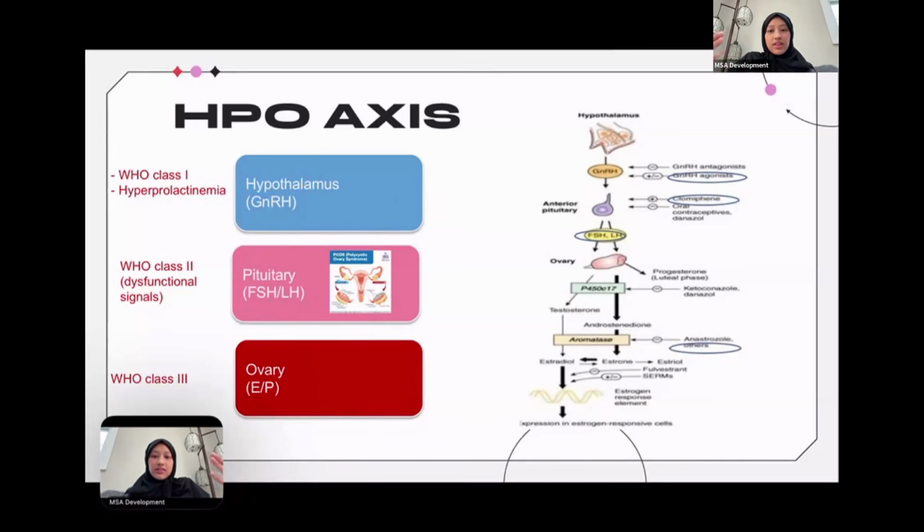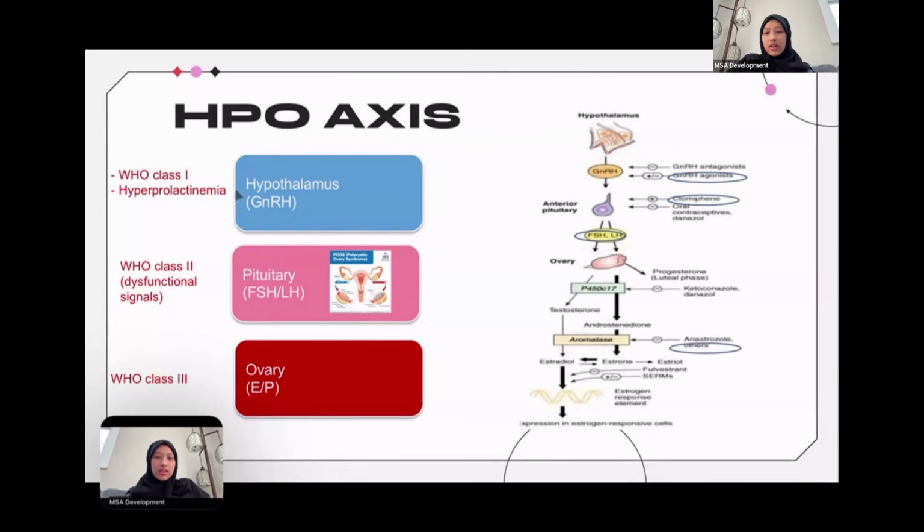So how do we classify this is the first thing that we need to know. Let's say that the problem is in the hypothalamus or anything related that suppresses gonadotropin releasing hormone. We will call this, according to the WHO, World Health Organization, class 1. Something that suppresses gonadotropin releasing hormone, from your previous lectures, is hyperprolactinemia.